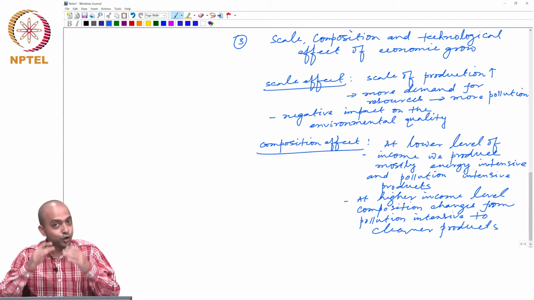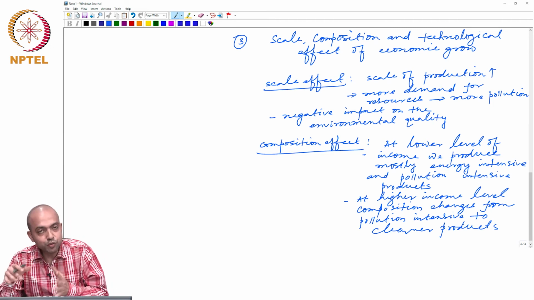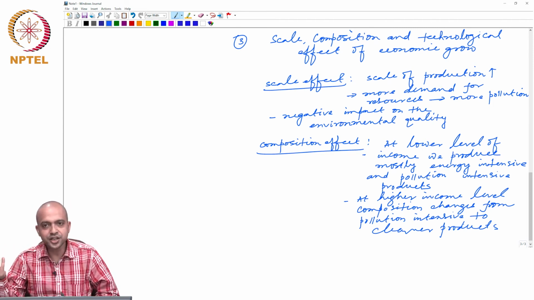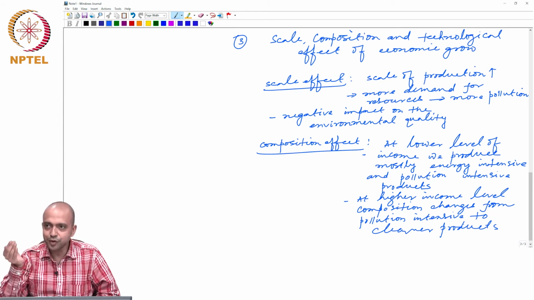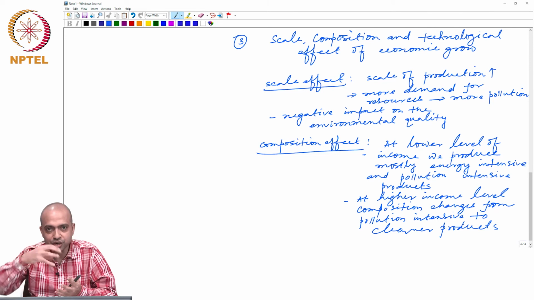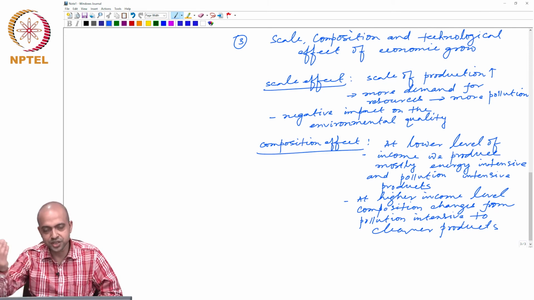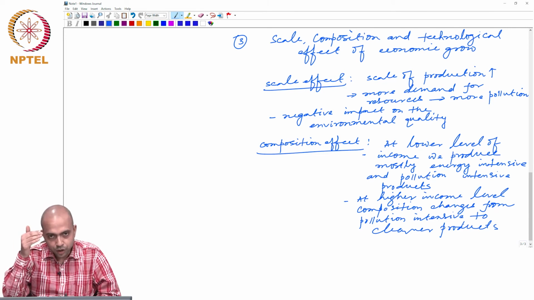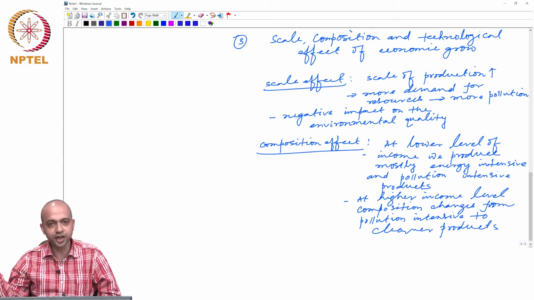So, at a lower level of income, the economy mostly produces energy intensive and pollution intensive goods and services. At a higher level of income, this composition changes from more pollution intensive, more energy intensive to cleaner, less energy intensive products, from manufacturing to service.